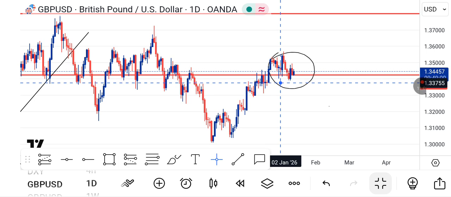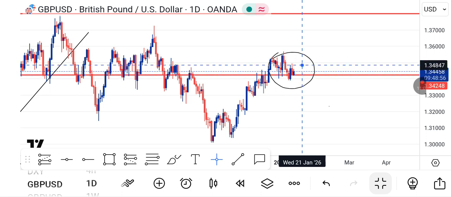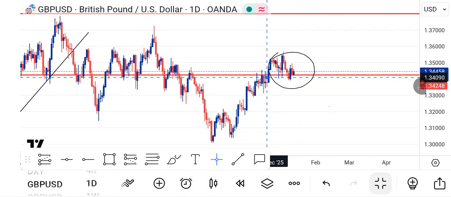So when the market is moving in this manner, what you will do is just stay away. You don't even need to look for opportunities or setups. Just wait, let it start trending.